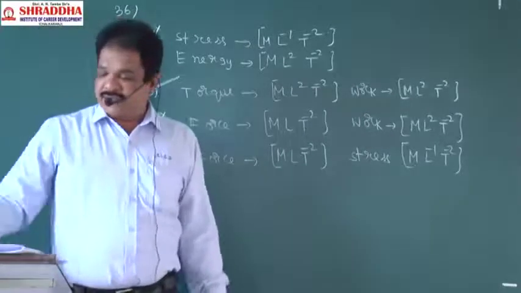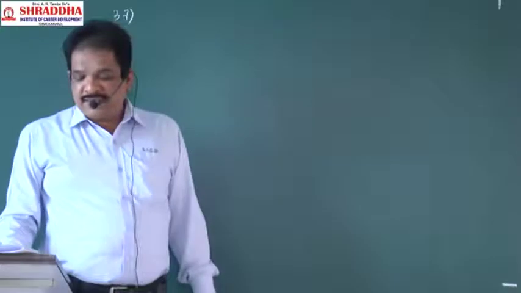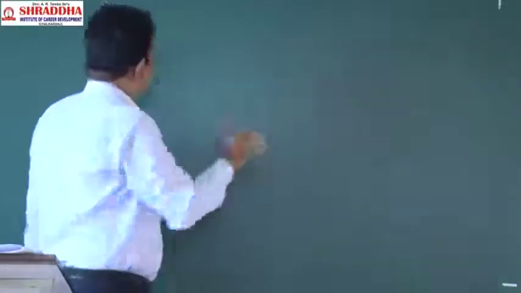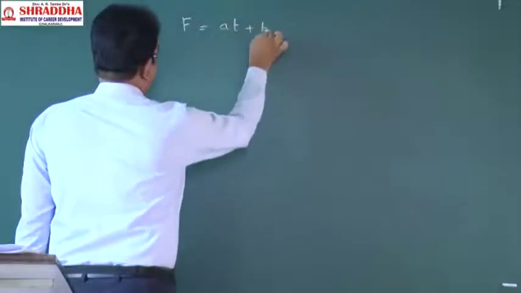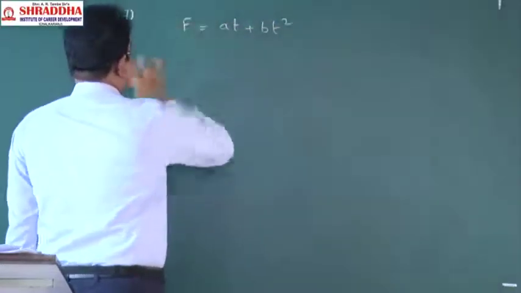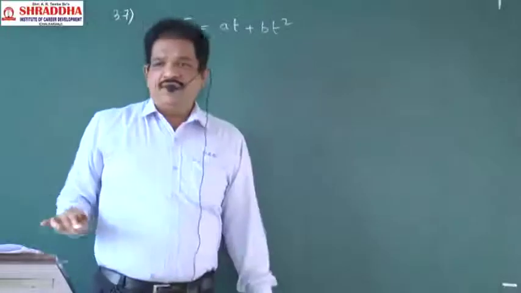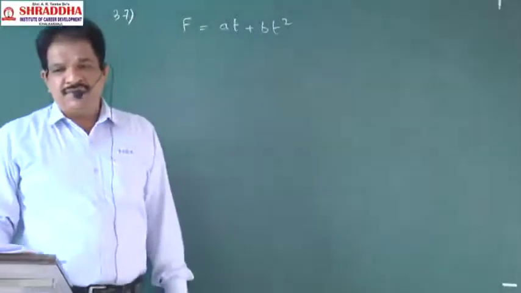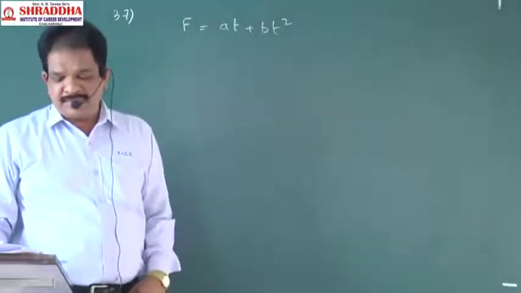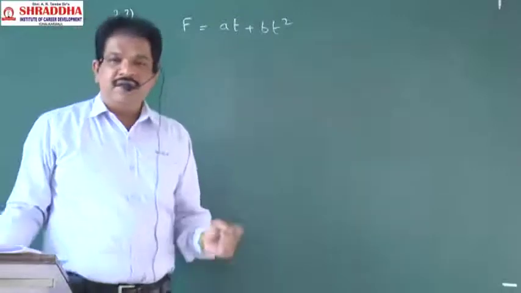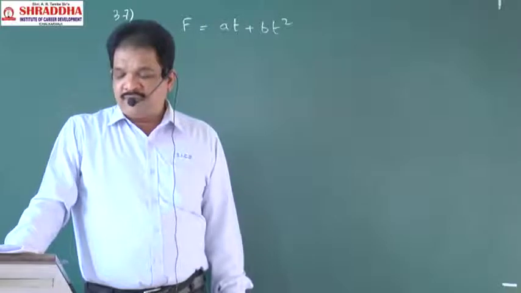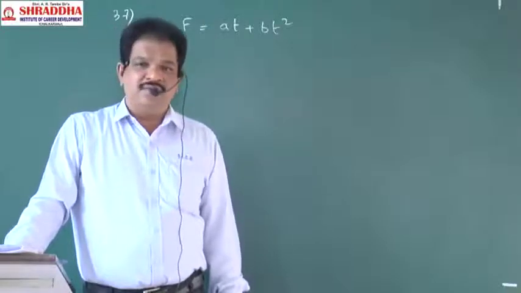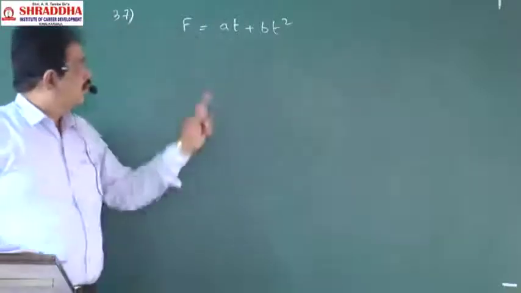Next. 37, what they are asking, see, F is given by F is equal to A T plus B T square, where T is the time. The dimensional formula of A and B is what? Okay.